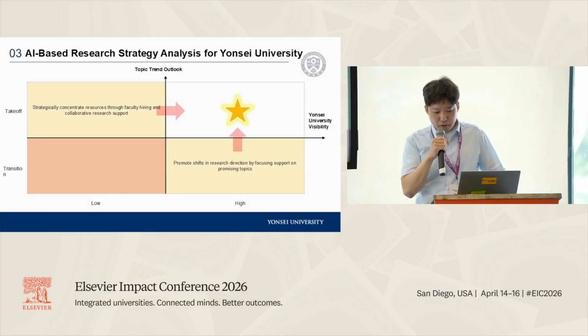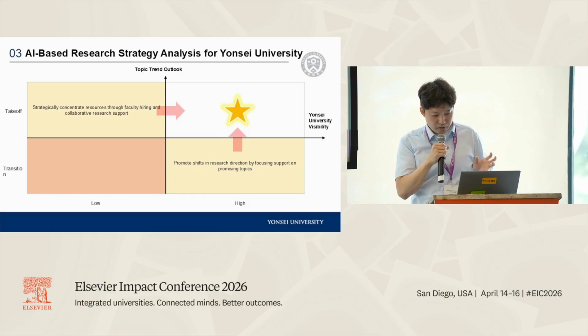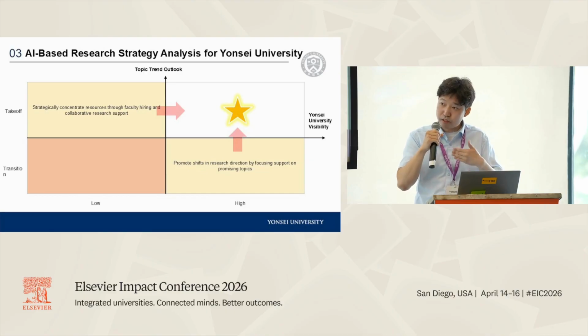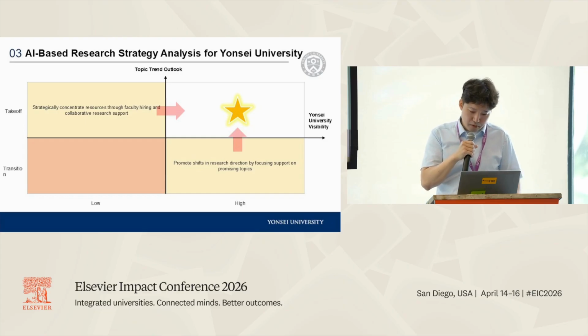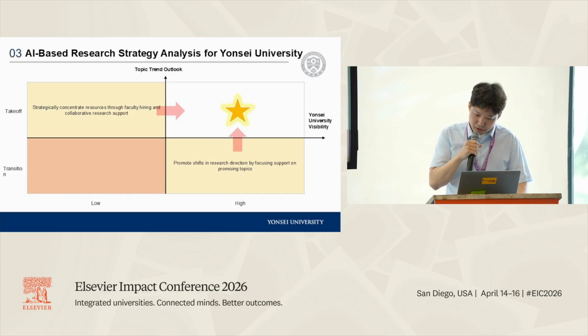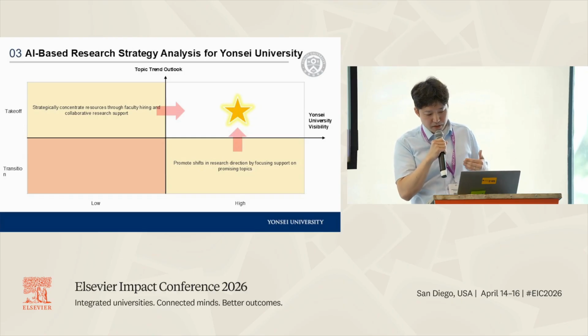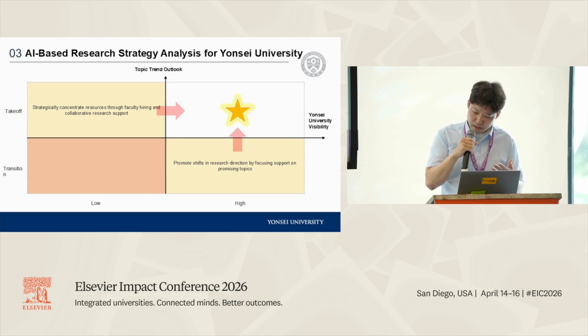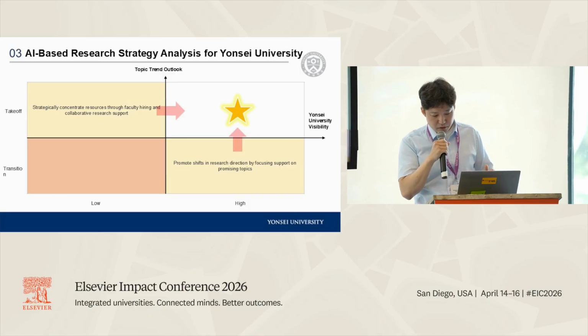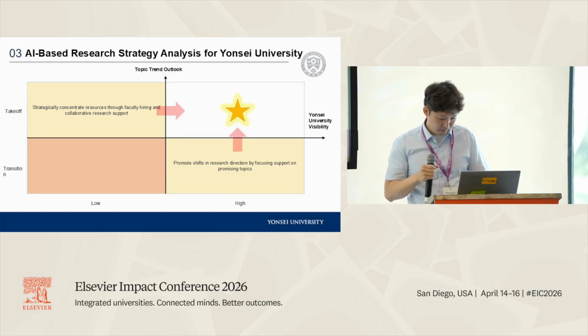This serves as a signal to pivot our research direction, so we need to promote shifts in research direction by focusing support on promising topics. By mapping all our research activities this way, we can move beyond simple data collection and transform it into actionable institutional research strategy.